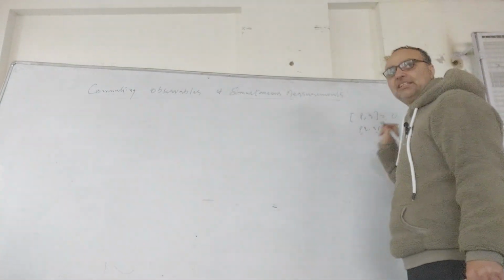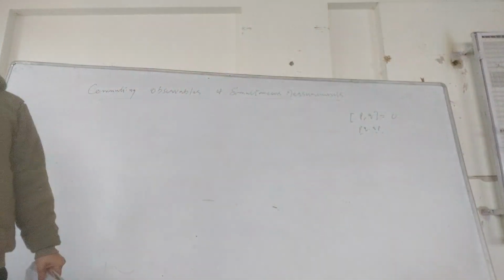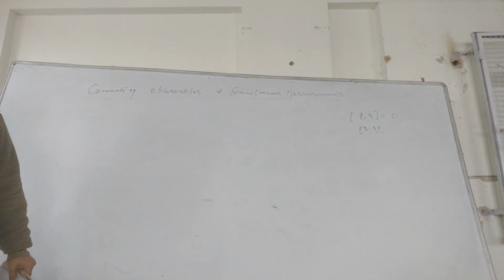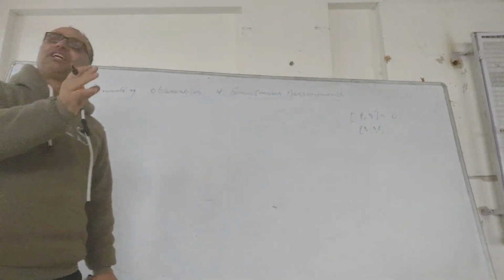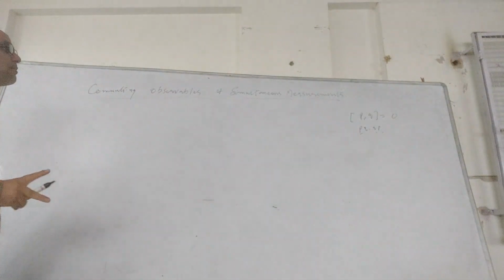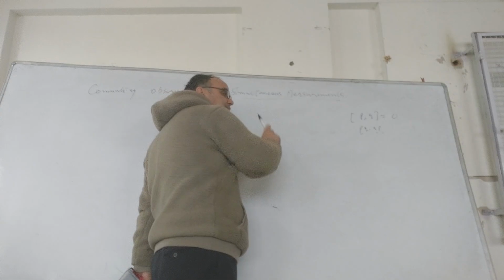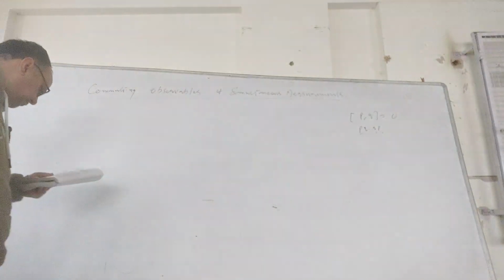So you can simultaneously measure the values of eigenstates being operated upon by operators, which will give some unique eigenvalue. You got my point? So this much is fine.